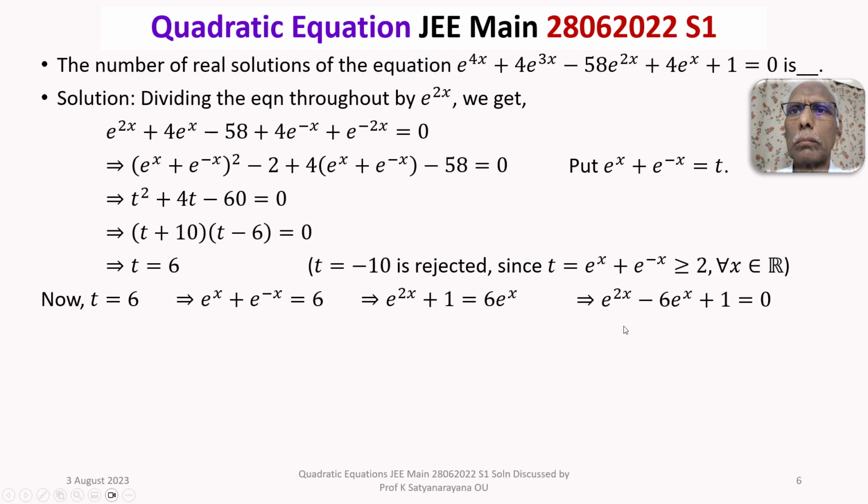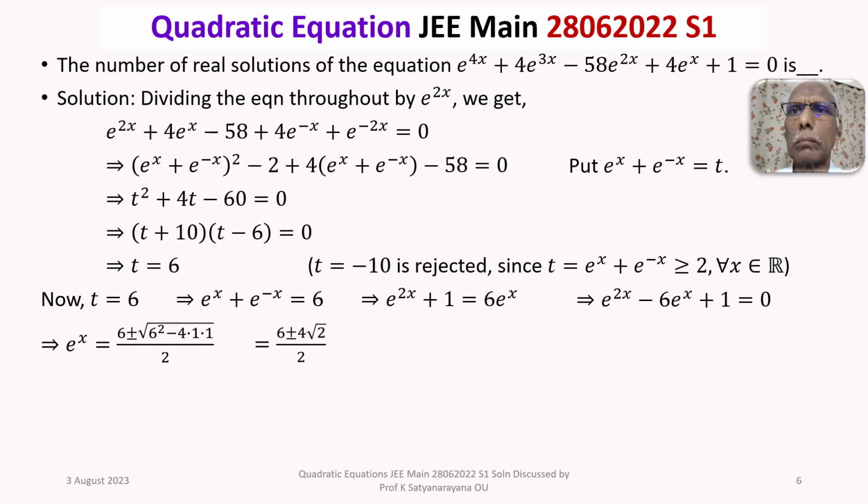e^x = (-b ± √(b^2 - 4ac)) / 2a. That formula you apply and you will get e^x = (6 ± √(6^2 - 4·1·1)) / 2, that is (6 ± √32)/2, that is (6 ± 4√2)/2.